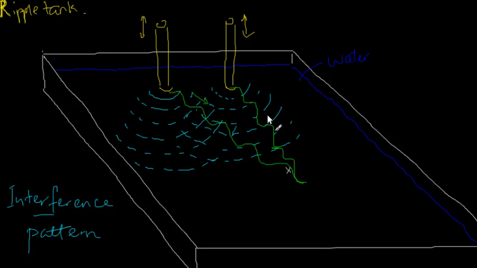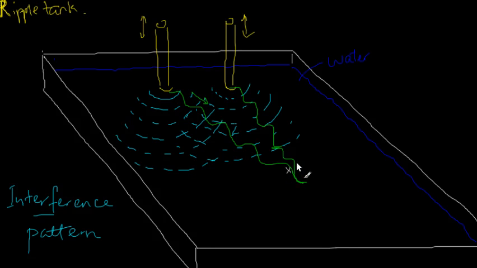So when these two trains of wave cross each other at this point, the peak of the wave from there would meet the peak of the wave from there.